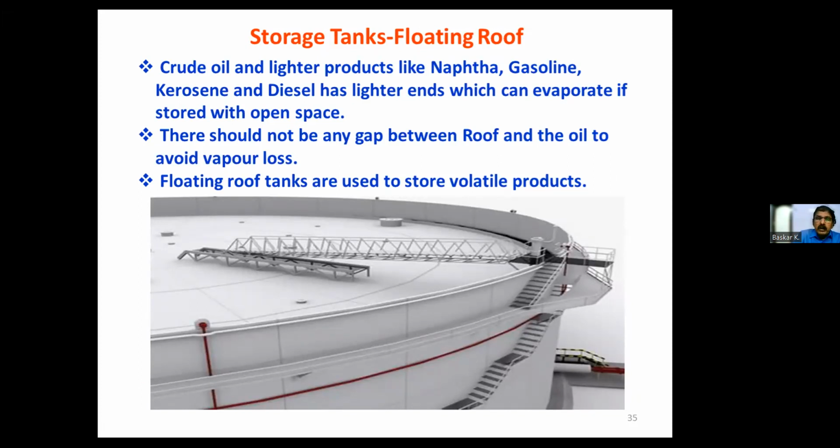In a floating roof tank, the roof floats along with the liquid. When the liquid is full, the roof will be at the top. When the liquid is low, the roof will be at the bottom. That ensures there is no gap between the liquid and the roof, so there is no vapor loss.